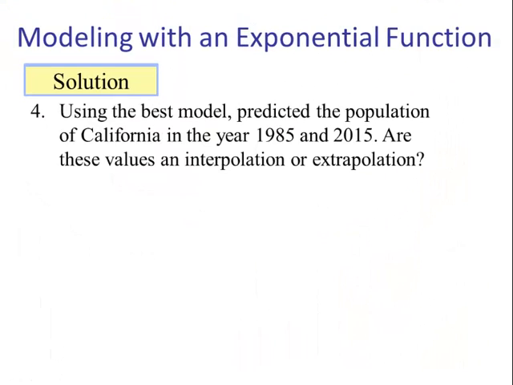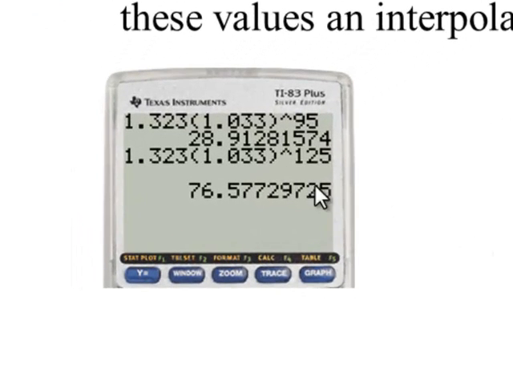Using the exponential model to predict years 1985 and 2015, we use the exponential equation raised to the 95th power for 1985, and we get 28.9, and for 2015 T is 125, and we have an output of 76.58.